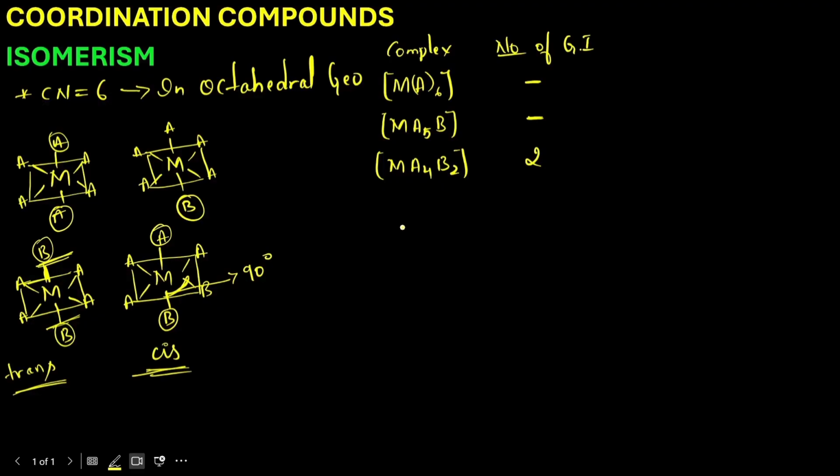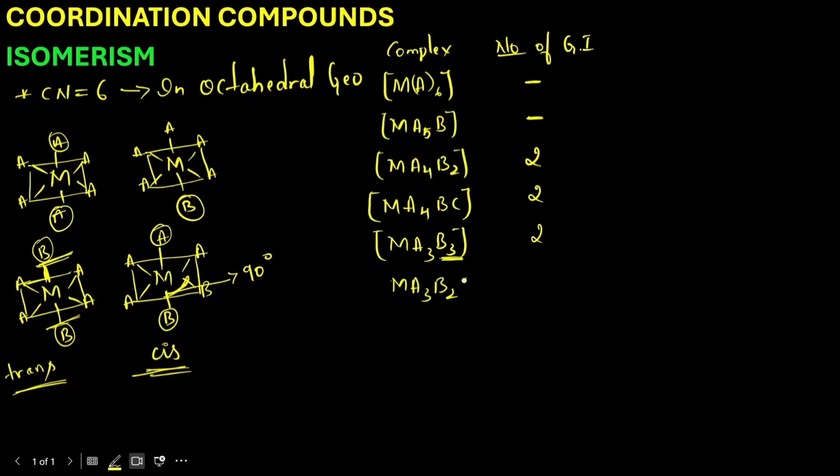Next, we will move to another complex, that is MA4BC. In this type of complex, the number of geometrical isomers is 2. Next, we will consider the complex of MA3B3. In this type of complex, the number of geometrical isomers is 2. Next one is MA3, now we will split B3 into B2C.